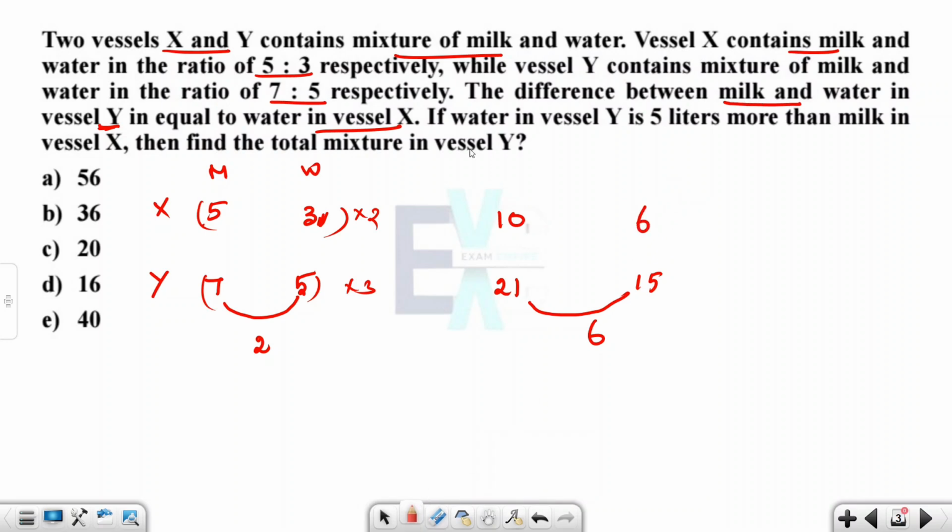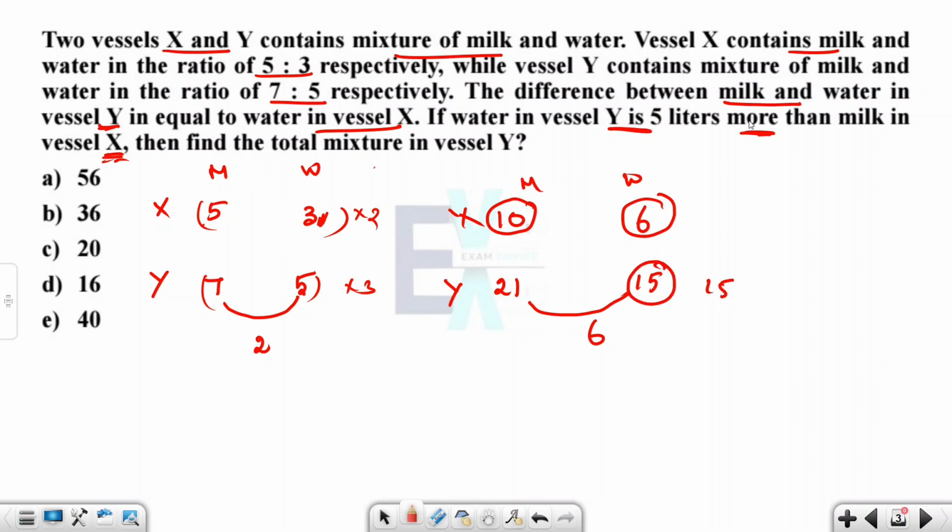The difference between milk and water in vessel Y is equal to the water in vessel X. If water in vessel Y is 5 liters more than milk in vessel X, what is the water in vessel Y? 15.